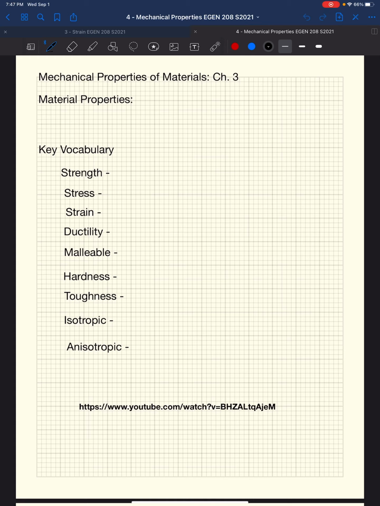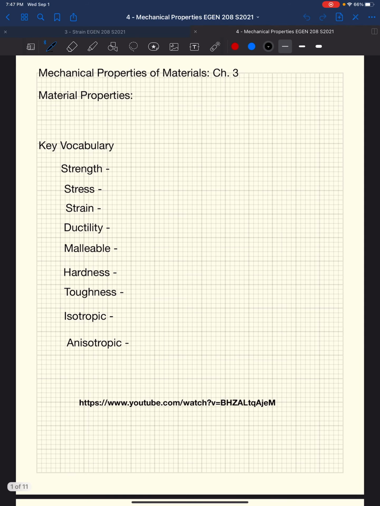Just understanding more about the materials, the properties that they exhibit, and ultimately that's where we're headed in this class, to relate materials to internal forces. In chapter 3 of the text, it's all about mechanical properties of materials. So what are material properties all about?